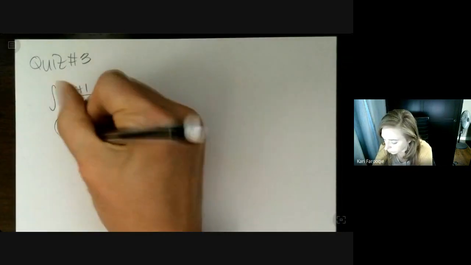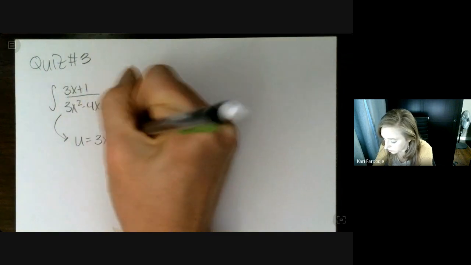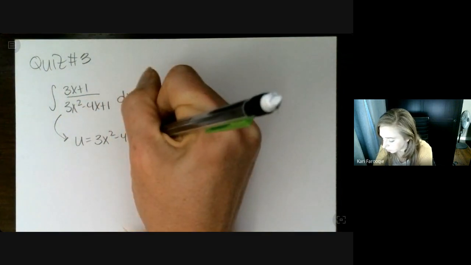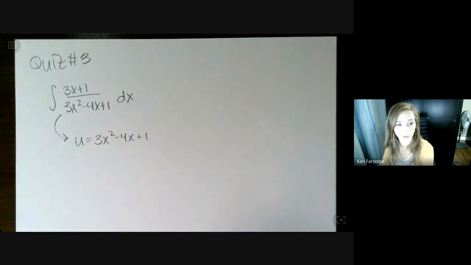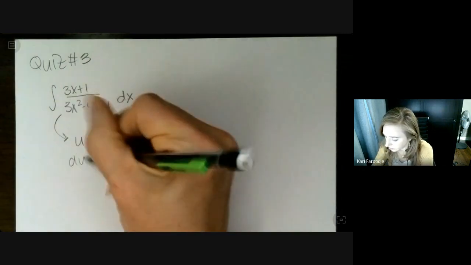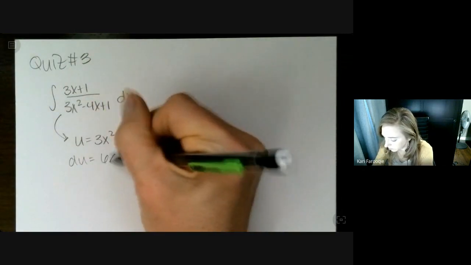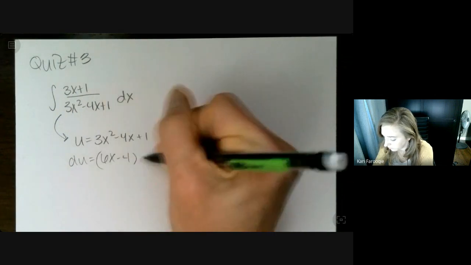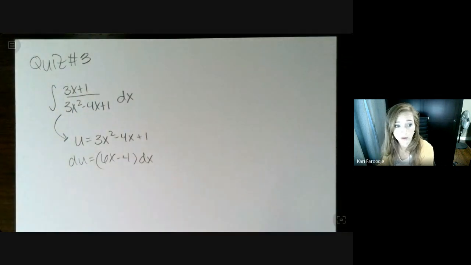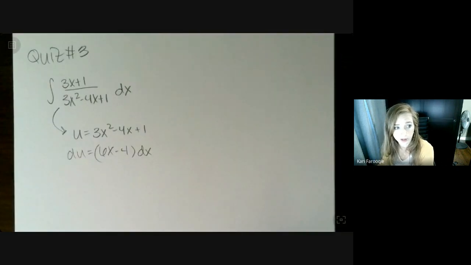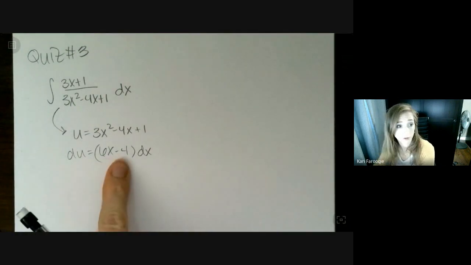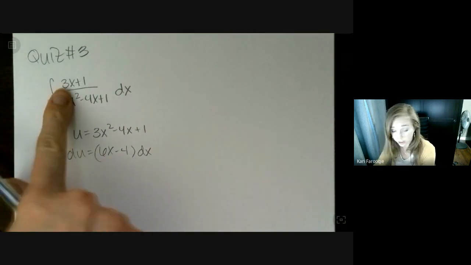So what you'll do is you'll let u be the denominator, 3x squared minus 4x plus 1. And then du, you're going to get 6x minus 4 dx. And then you can factor that because you're not looking for 6x, you're looking for 3x.